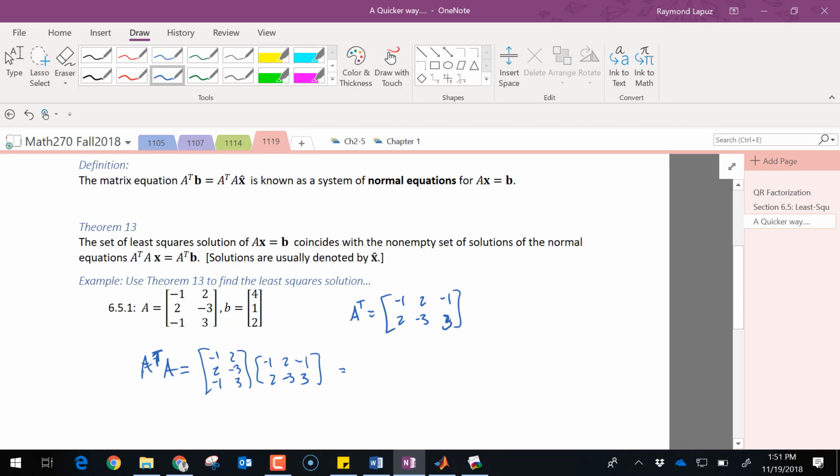And what are we going to get? Again, wait, I did that backwards, huh? Okay, let me write it correctly. A transpose first.